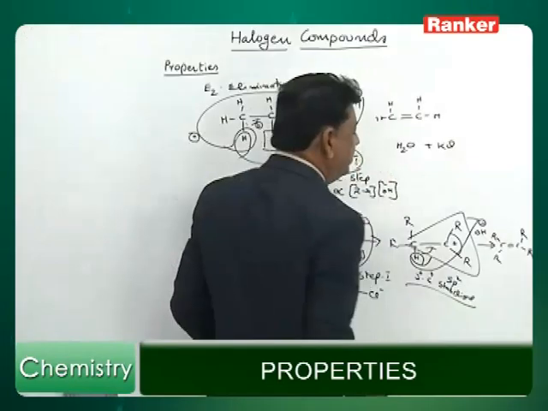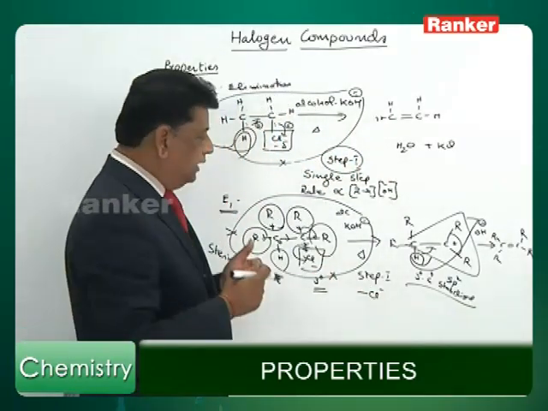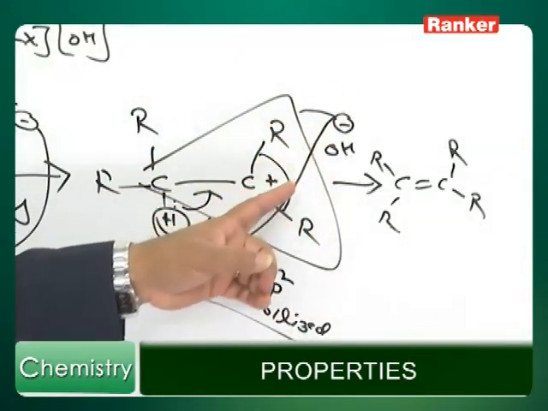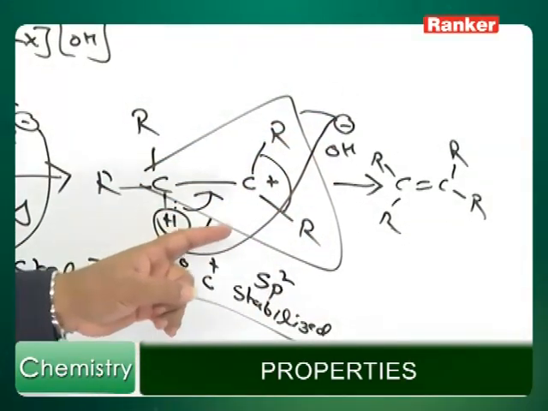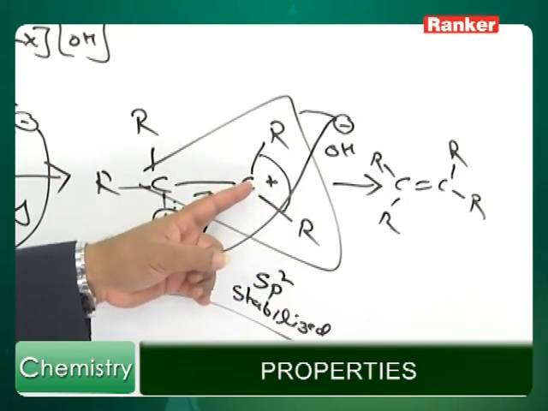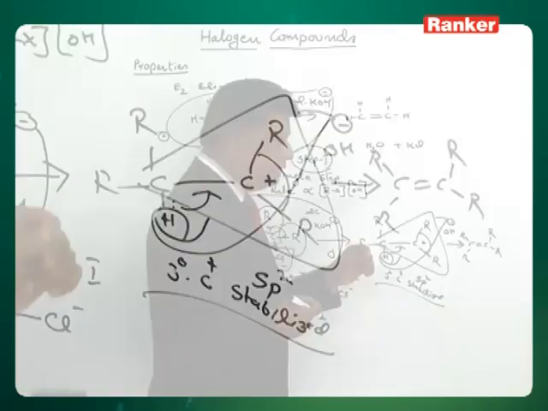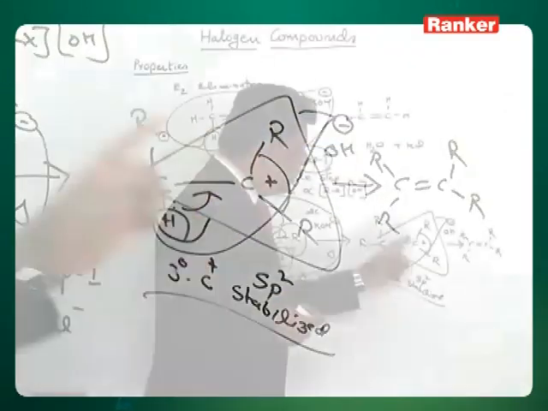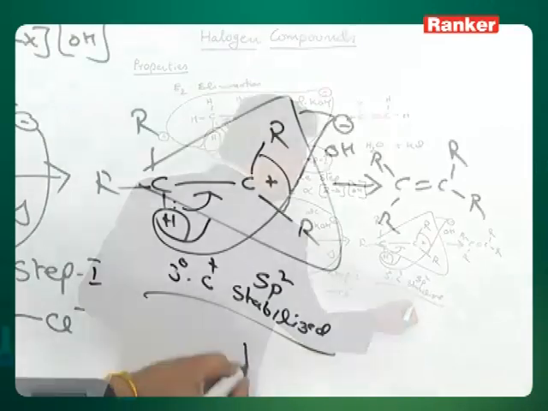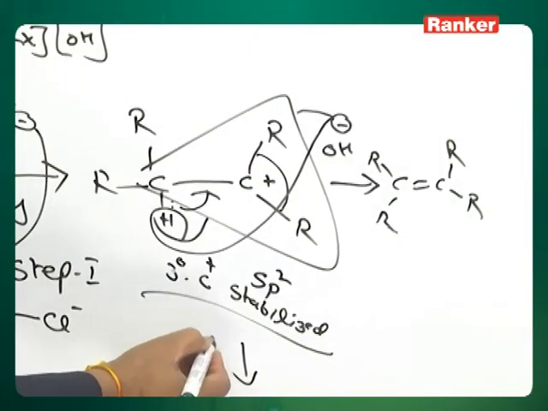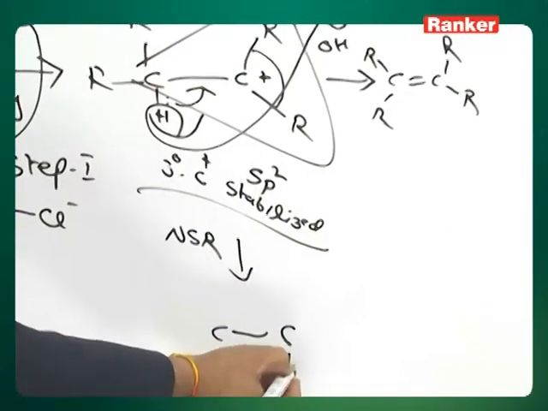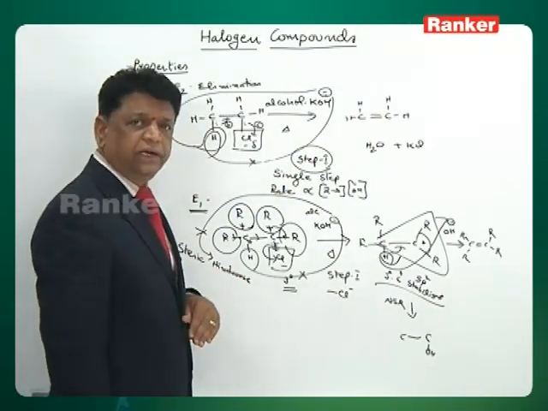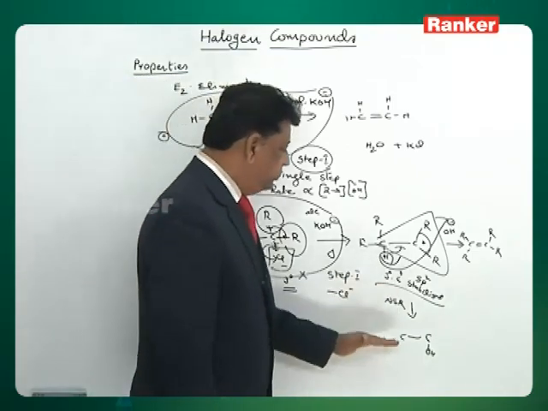Now, here we have a small argument slightly deviated from this mechanism, that is, when OH is coming by the side of this carbocation plane, it may be allowed to attack on this carbon. Why not? This carbocation will attract, and if the OH attacks on this, then what happens? You will get a nucleophilic substitution reaction, that is ethyl alcohol is formed. That is what we discussed in the first characteristic reaction, that is nucleophilic substitution reaction.